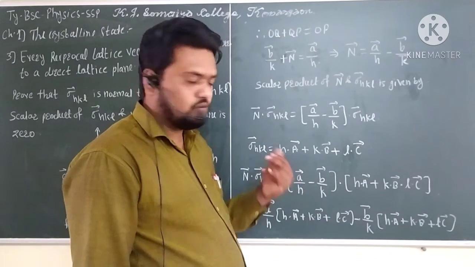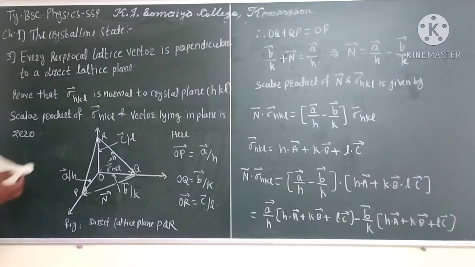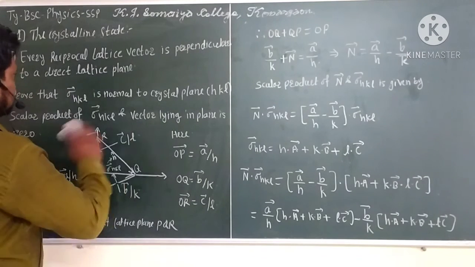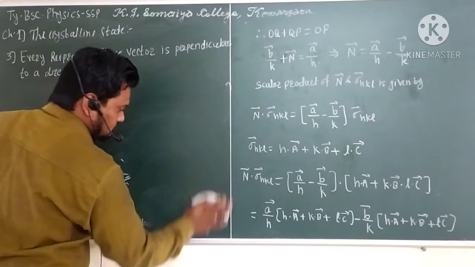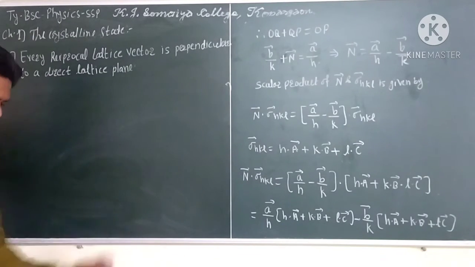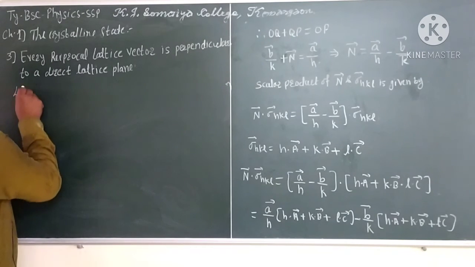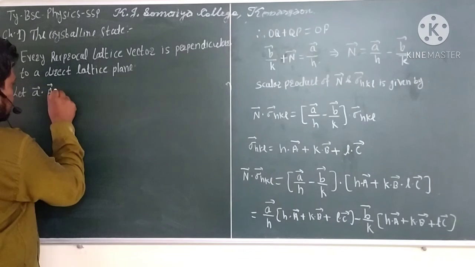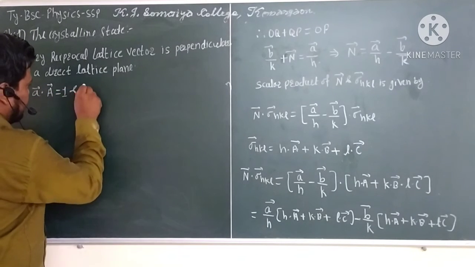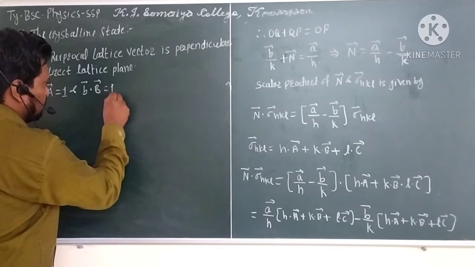So we have to see that, taking this assumption, we have to write down here: let a bar dot a bar is equal to 1, and b bar dot b bar is equal to 1.